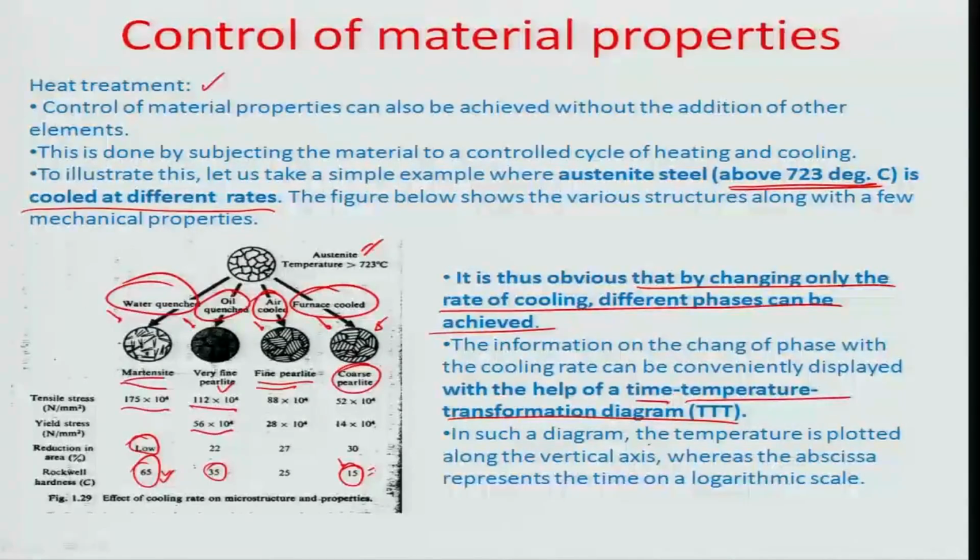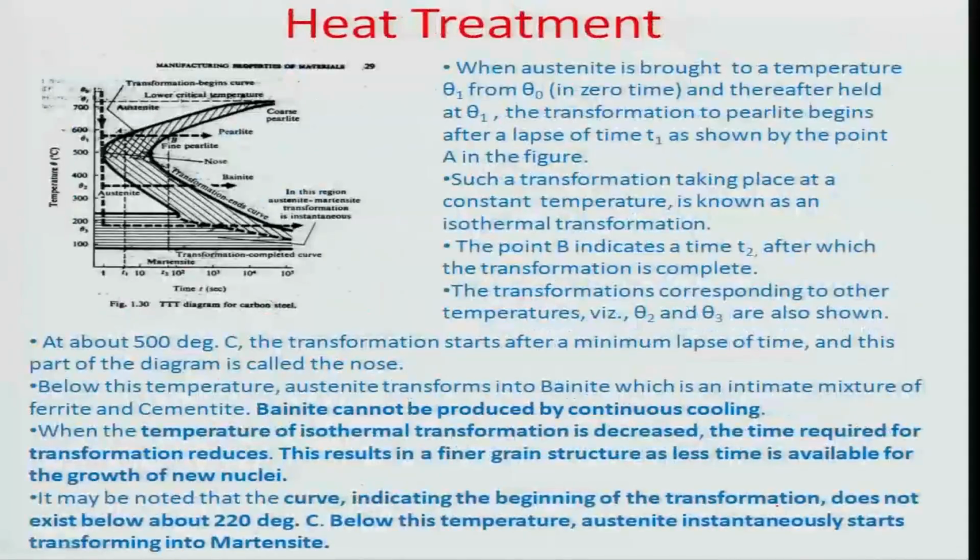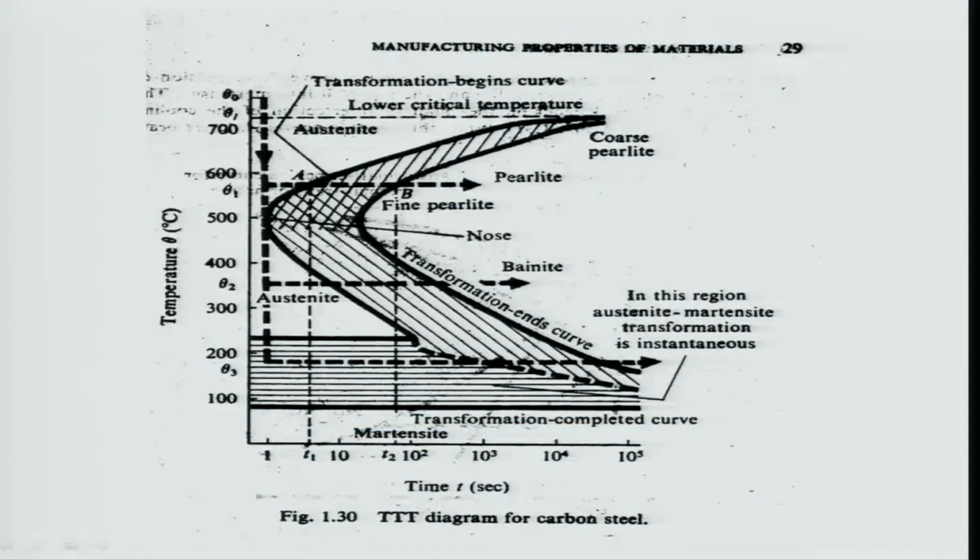So, let us say the temperature is plotted in the vertical axis whereas the abscissa represents the time on a logarithmic scale. So, normally this right about here is what the TTT curves look like. Let me just magnify the curve a little more.